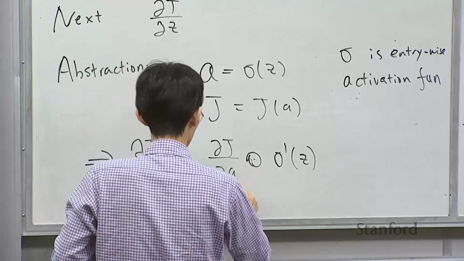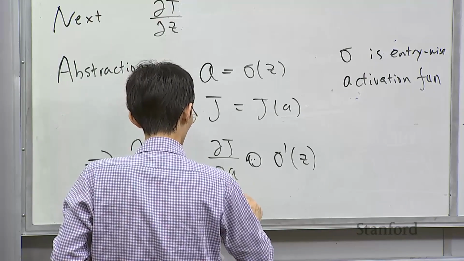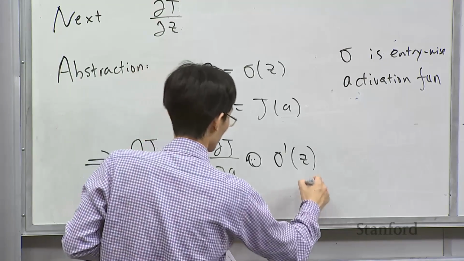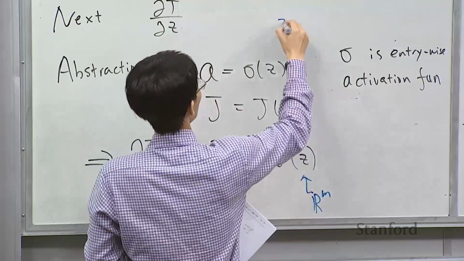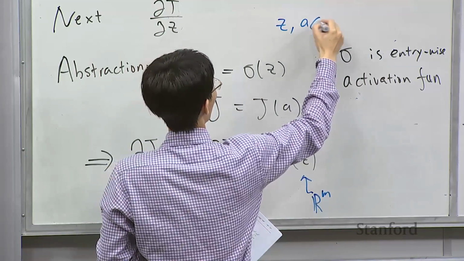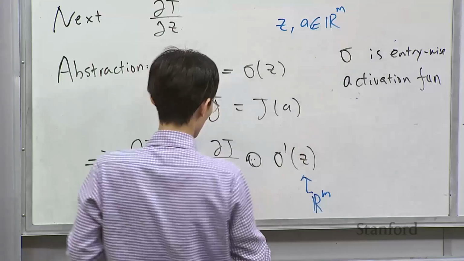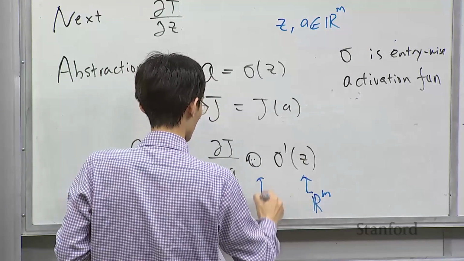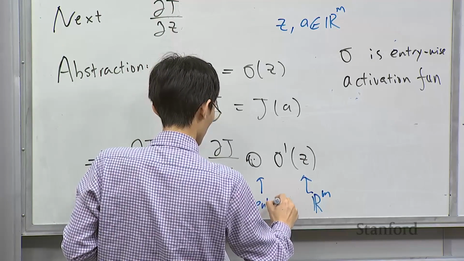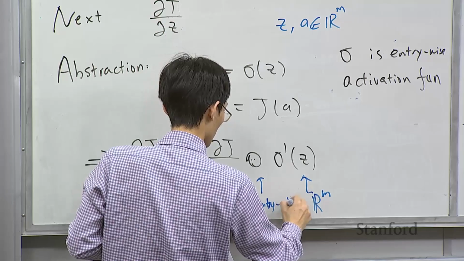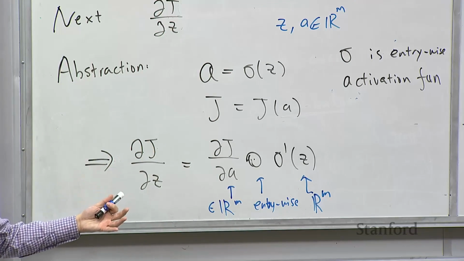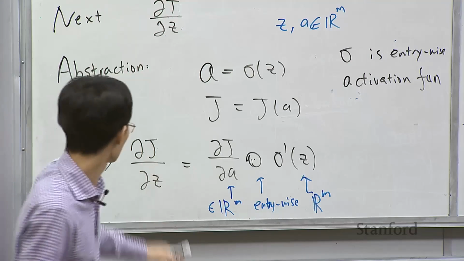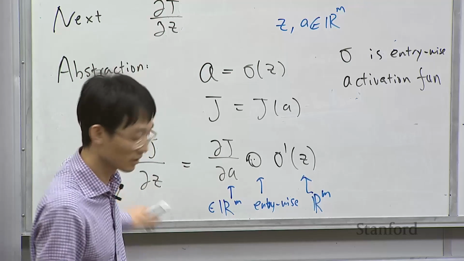This is an m-dimensional vector. This is also an m-dimensional vector. Let's say in this abstraction z and a are all m-dimensional vectors. And this is the so-called entry-wise product. So I'm taking two m-dimensional vectors, taking an entry-wise product, and I get the derivative I care about.